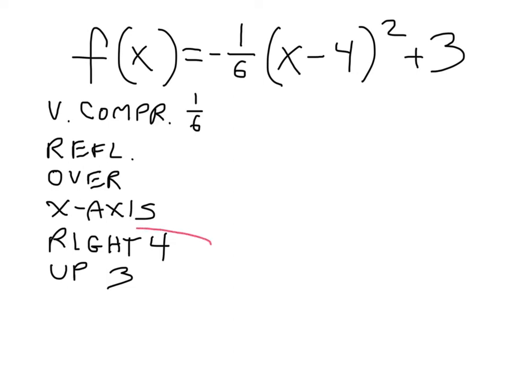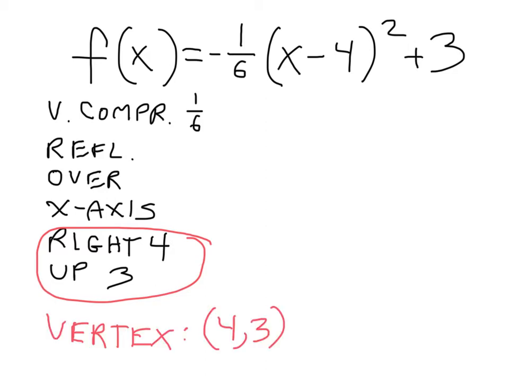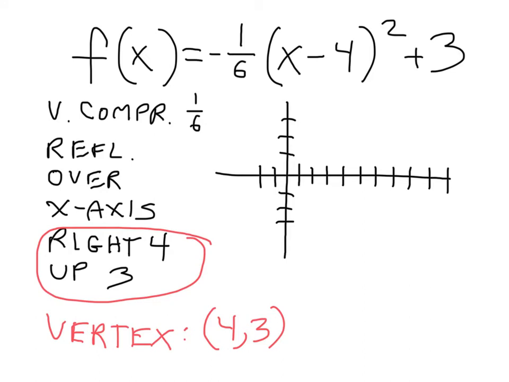The 4 units right and 3 units up are especially important as they give us the coordinates of the vertex. I know that my vertex is going to be located at 4, 3. This also tells me that I'm going to have my axis of symmetry at x equals 4.